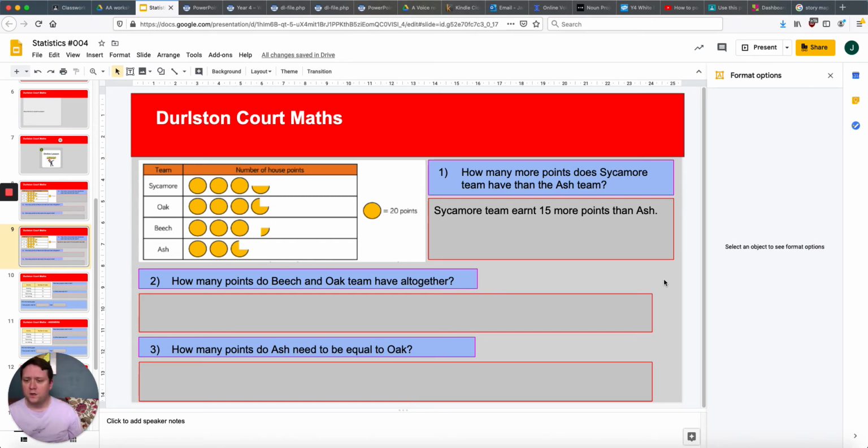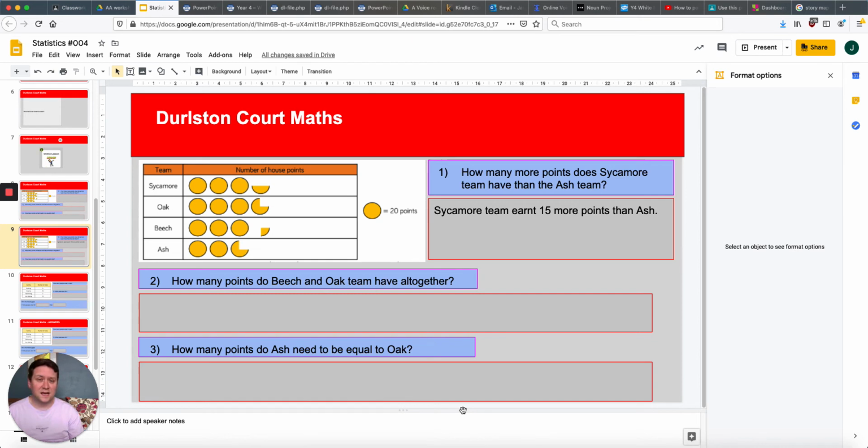Let's start with Beech actually. 20, 40, 60, and then this little bit is 1/4 of 20, which is 5. So we've got 20, 40, 60, 65. Got to remember that for Beech. And then we've got Oak, 20, 40, 60, and we know that's 15, so that's 75. So Oak team was 75 and Beech was 65.